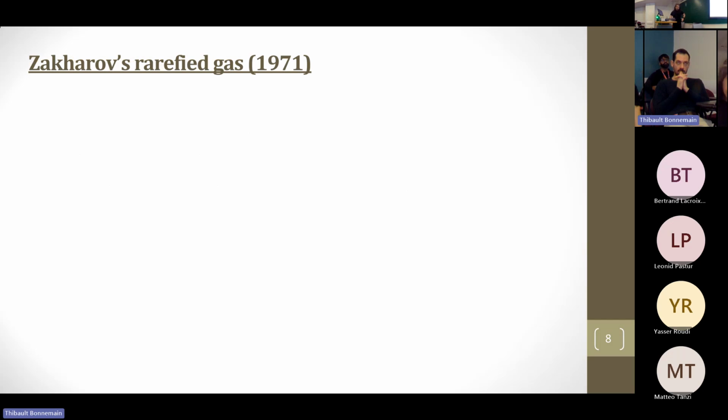Okay, so the idea behind this paper, when he introduced the rarefied gas, was that he wanted to look into the statistical properties of large ensembles of solitons and of integrable systems in general. And in many ways, what he did here was some sort of proto-GHD.